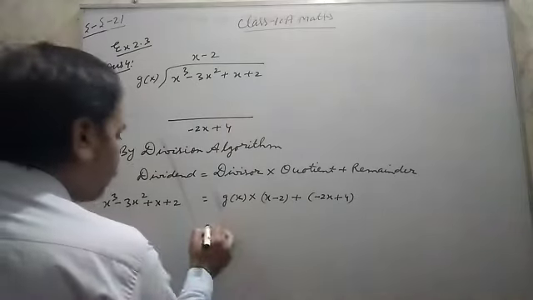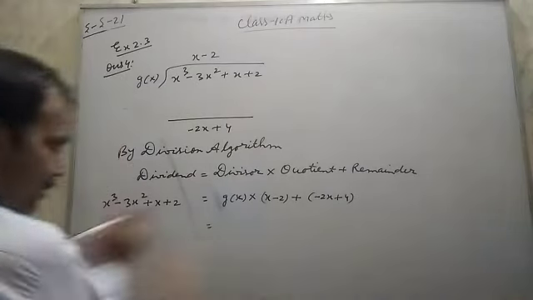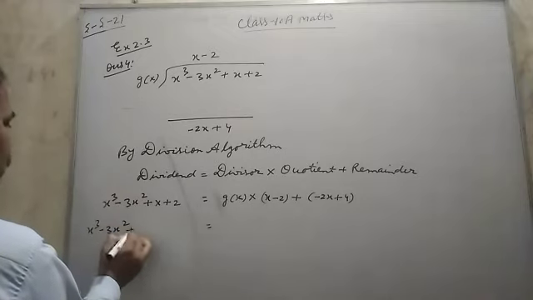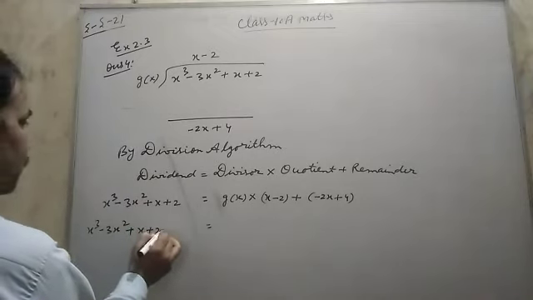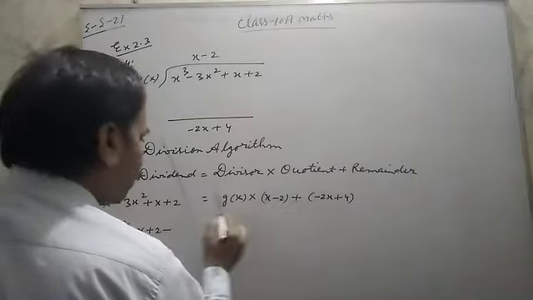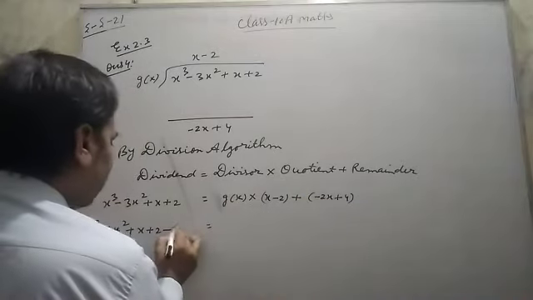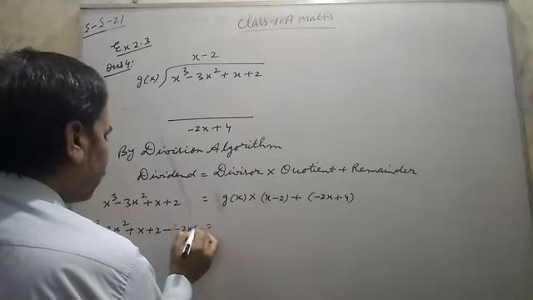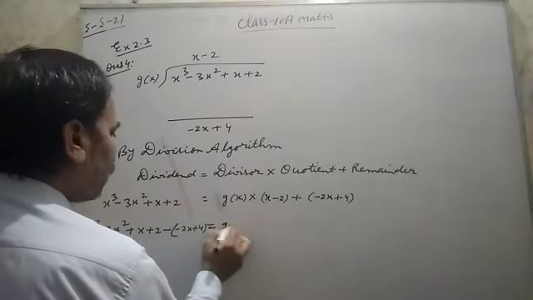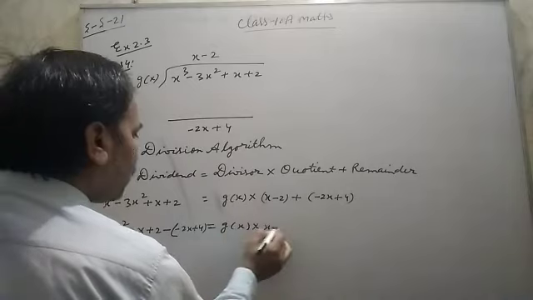So first transfer this to that side. So x cube minus 3x square plus x plus 2, minus, in the bracket, minus 2x plus 4, is equal to g(x) into x minus 2.